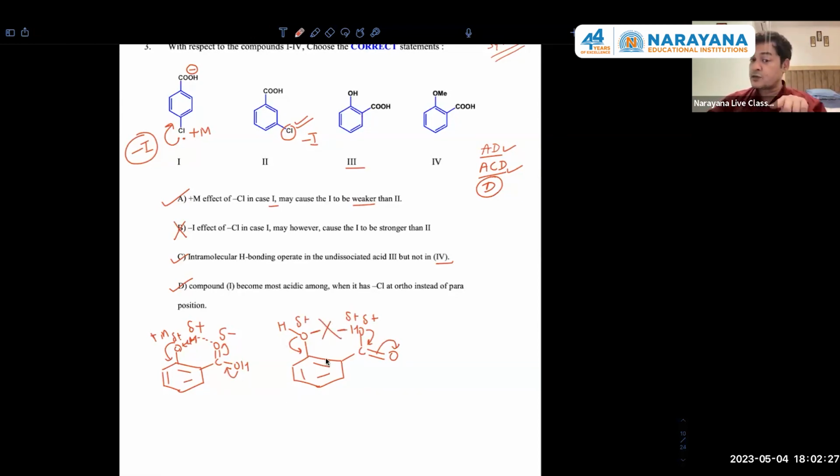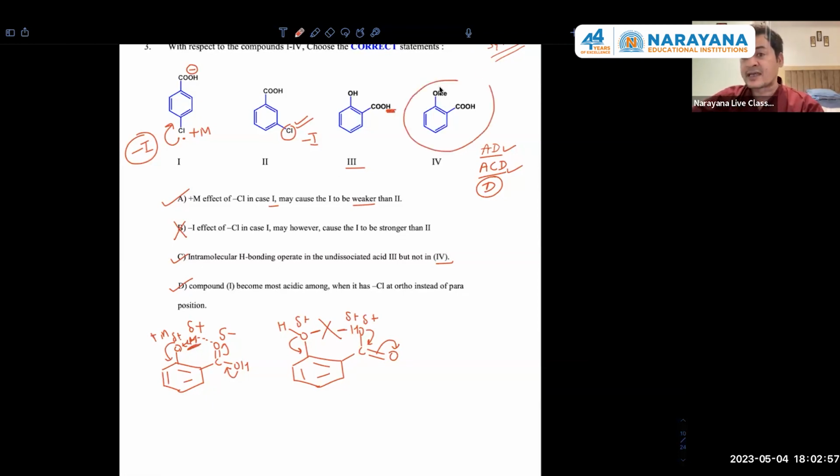So you must know that in this salicylic acid, phenolic H is showing H bonding with the carbonyl O. This carboxylic acid H is not showing H bonding with the phenolic O. So you must remember that this H never participates in hydrogen bonding. Only phenolic H participates in the hydrogen bond. It means that this H is not part.